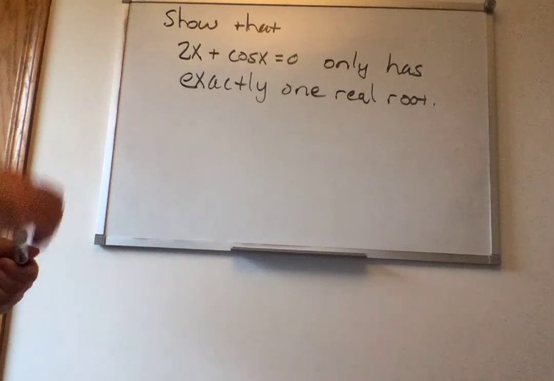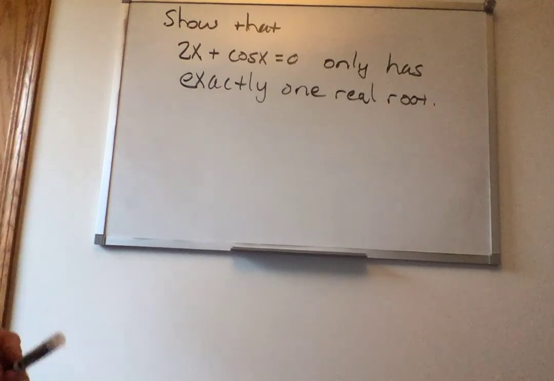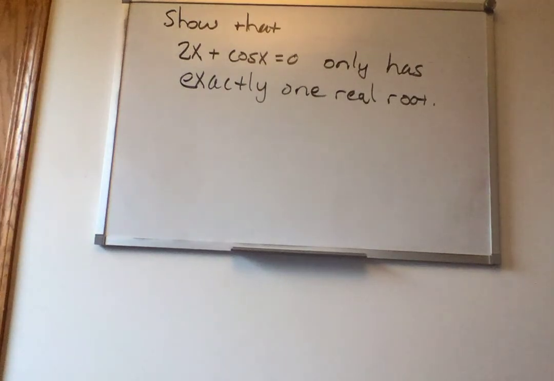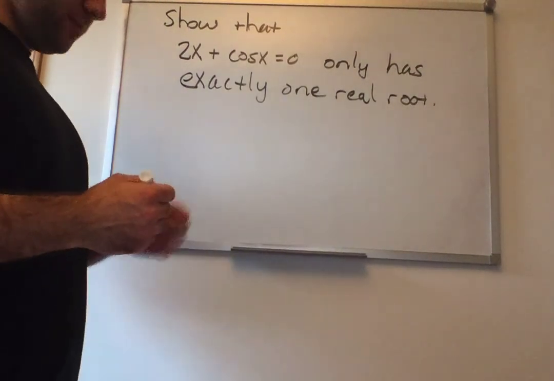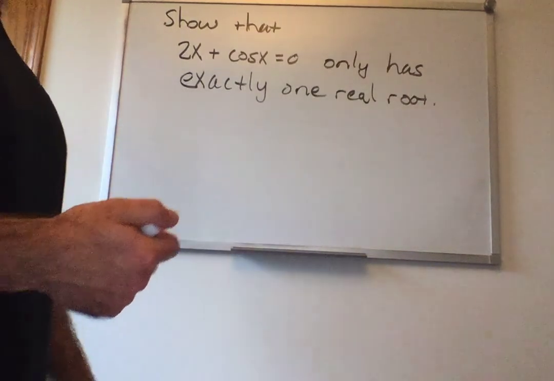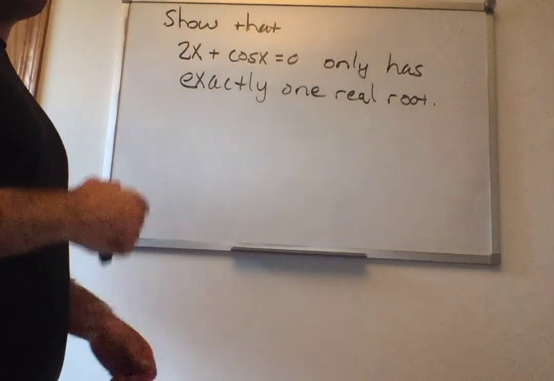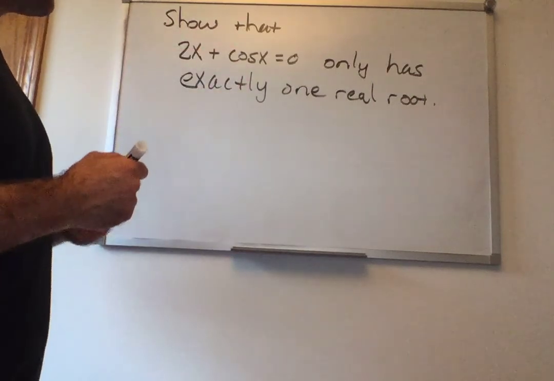So what we need to do is first show that there exists a root. If you recall back to chapter 2, the intermediate value theorem says that if you can find a sign switch, a is less than b, f of a is negative, f of b is positive, that means somewhere along there is a 0.